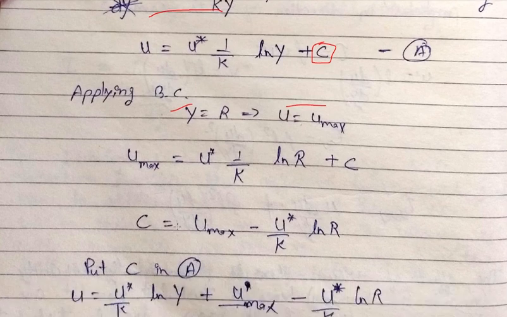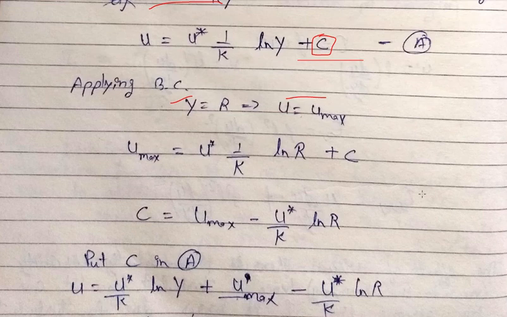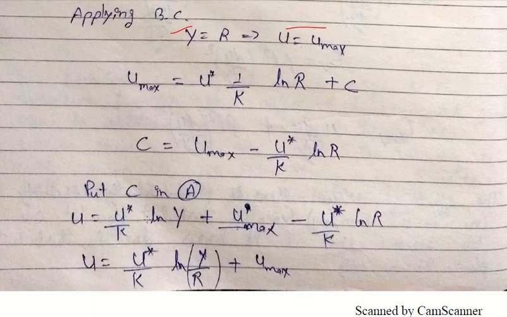So here c equals u max minus u star by k natural log r. Now put this value in this equation. So here is the velocity formula: u equals u star by k ln y plus u max minus u star by k ln r.